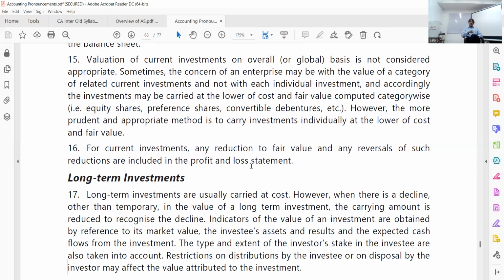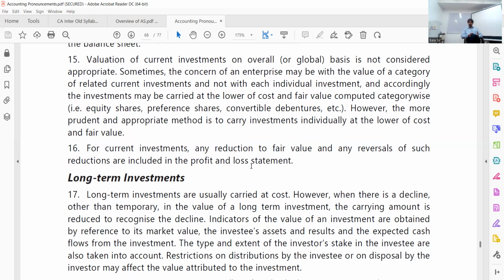Very simple. The value of your investment is as good as or as bad as the financial position and performance of whom? Of the investee. Always remember, the value of my investment is as good as or as bad as my investee's performance or financial position, assets. You get it? You can't invest your money in a mango and expect apples. You can't invest in a donkey and expect the donkey to participate in a horse race.